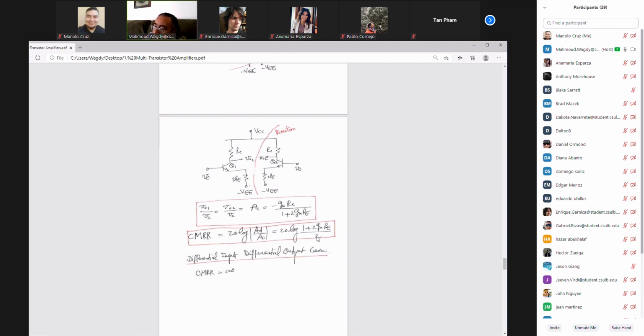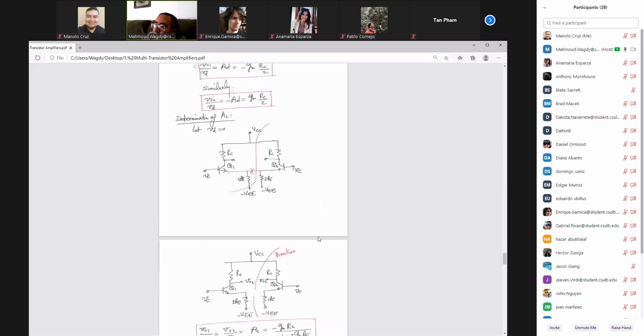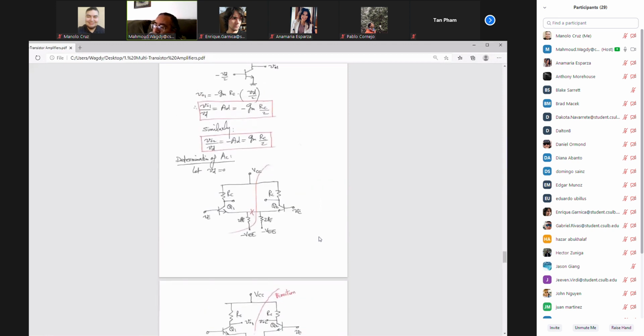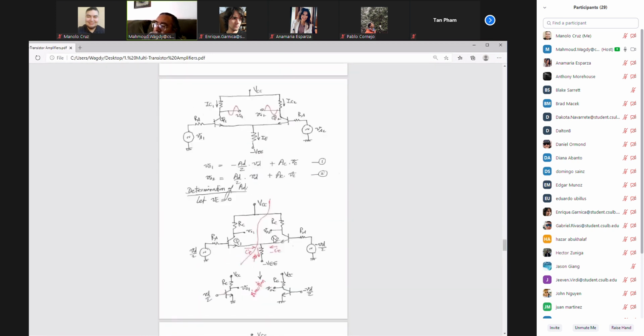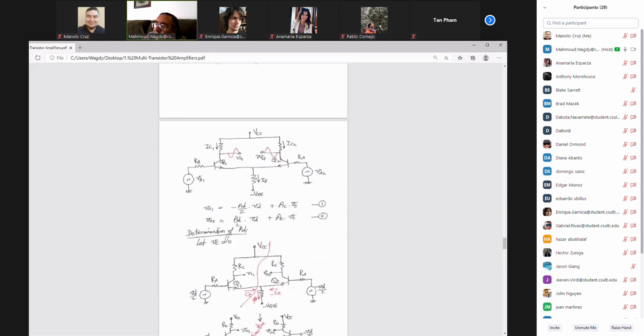So far, we have been discussing the single-ended output scenario with a ground. Let us suppose we want to discuss the situation when we take the output differentially between these 2 points, between V output 1 and V output 2.